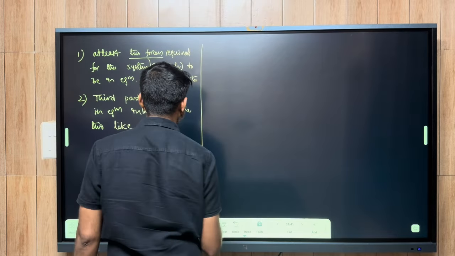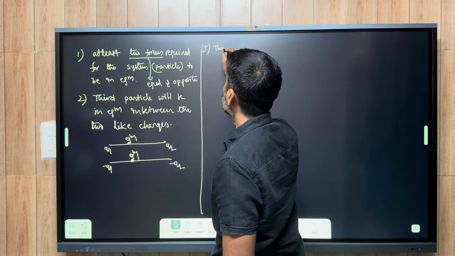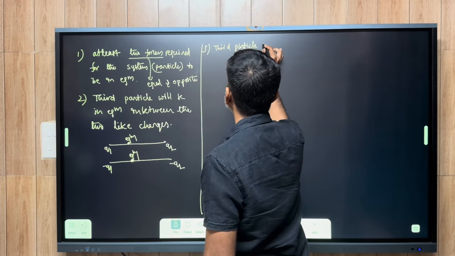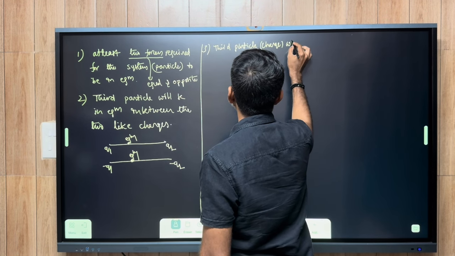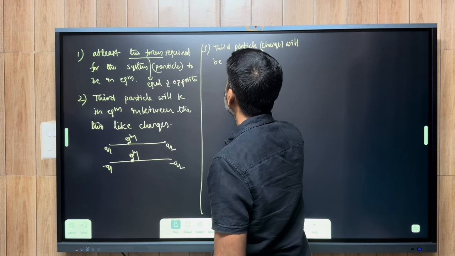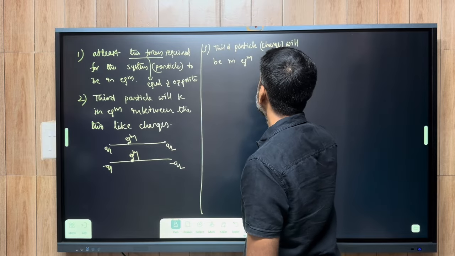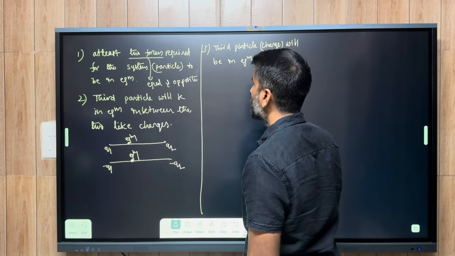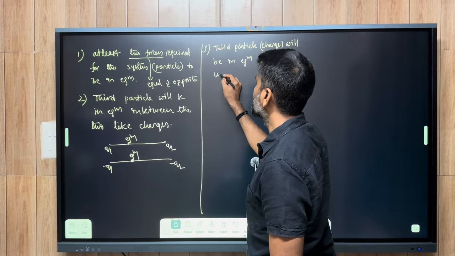Now the third point: the third particle or charge will be in equilibrium beyond the unlike charges.